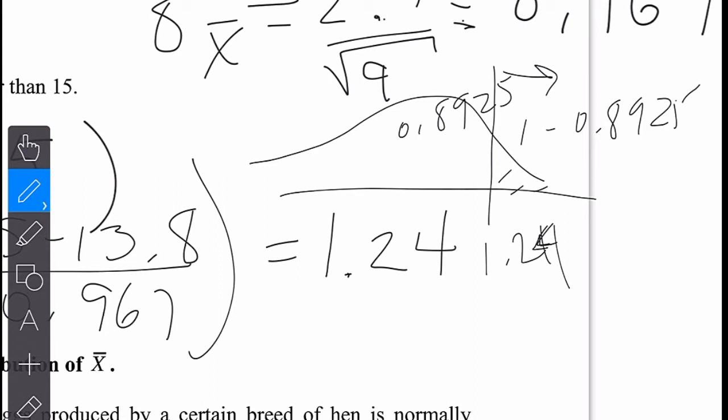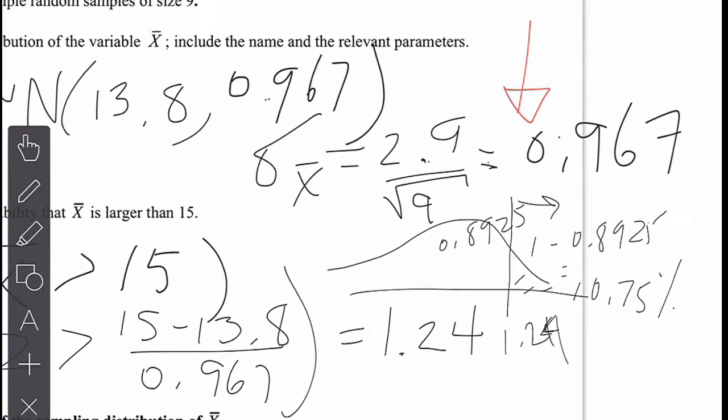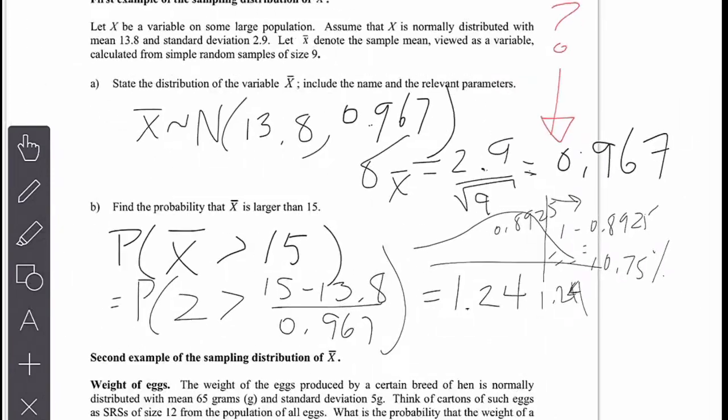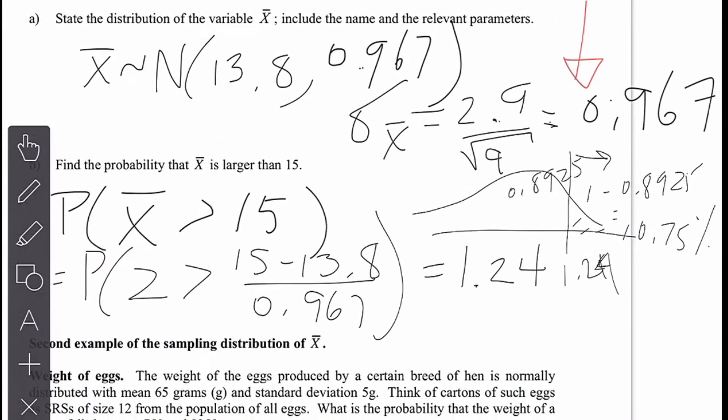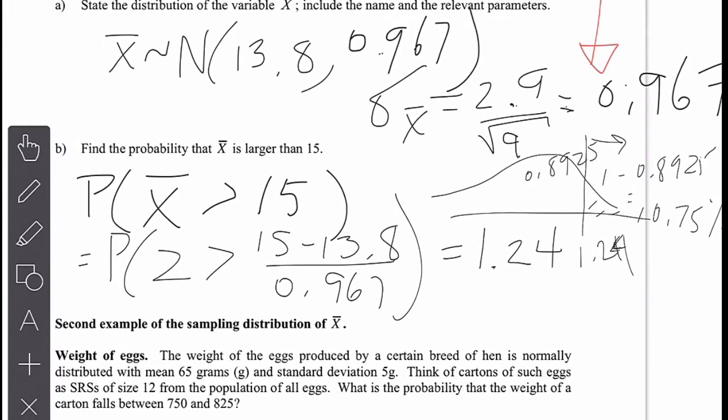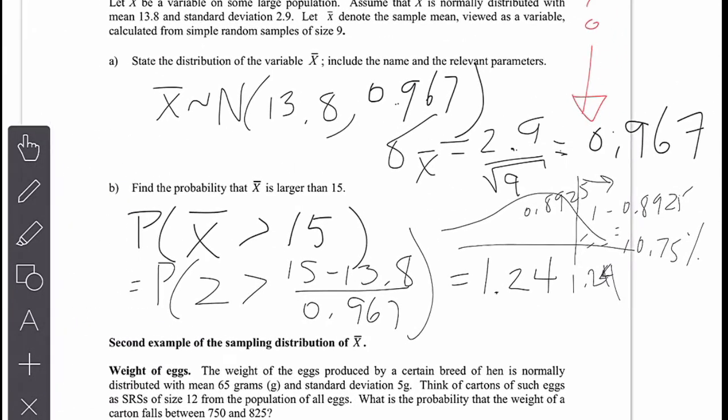That's right, 0.1075. So the answer is 10.75%. The chance of seeing more than 15 in the sample as a sample mean is small, 10.75%, if the original mean was 13.8.